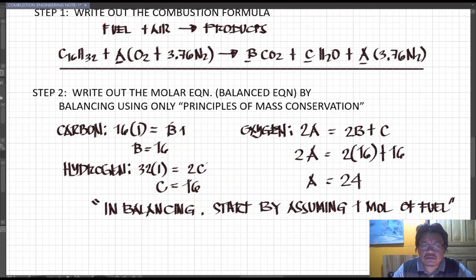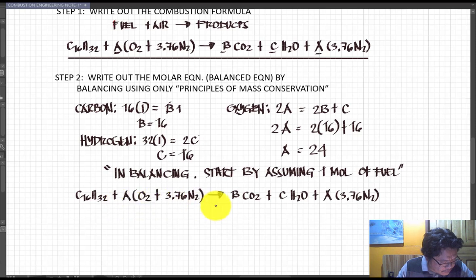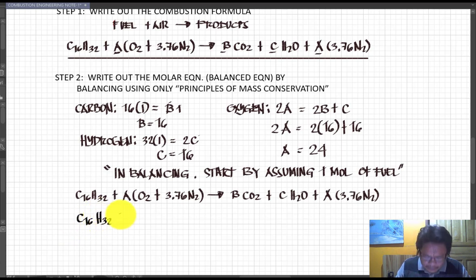Okay, now we try to rewrite our equation. Rewriting what we had earlier, I just pasted it there, no? By substituting the values we got previously into the combustion formula, we have C16H32 plus A. What will be the value of A?